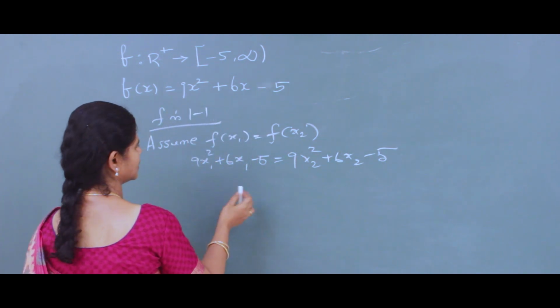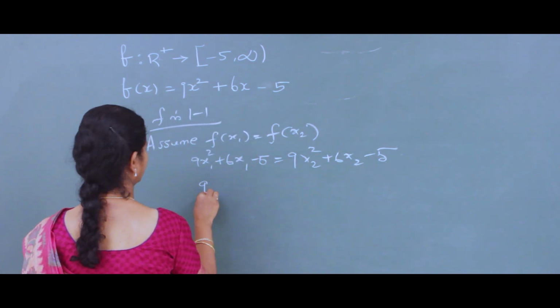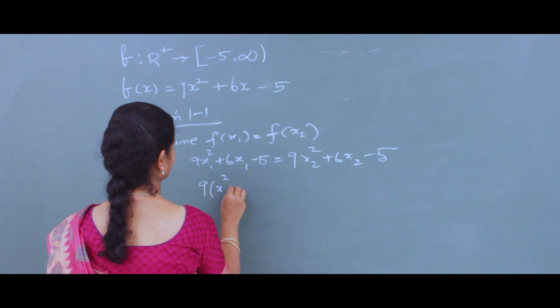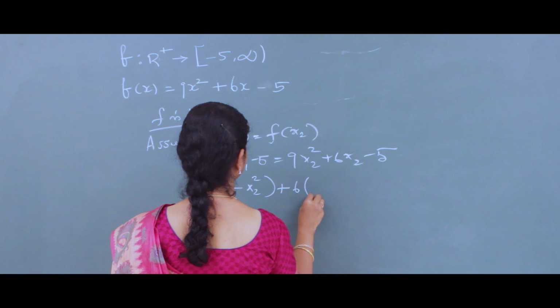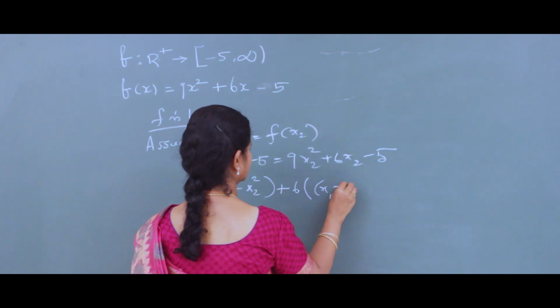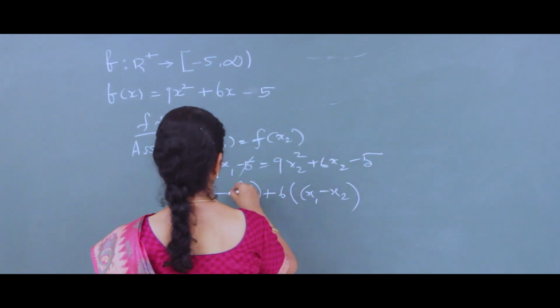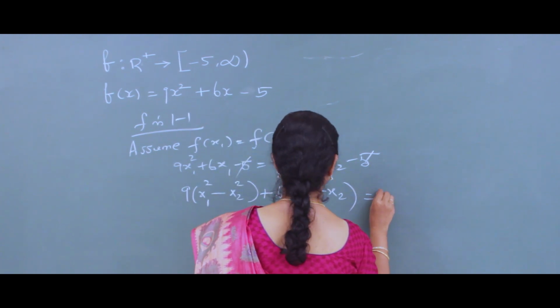Combine the terms. What will we get? 9 into (x1 square minus x2 square) plus 6 into (x1 minus x2), the 5 cancels, equal to 0.